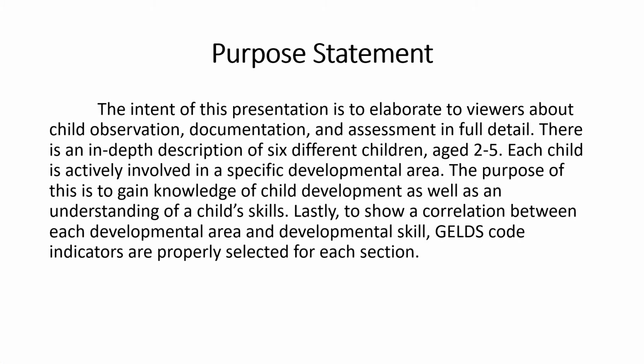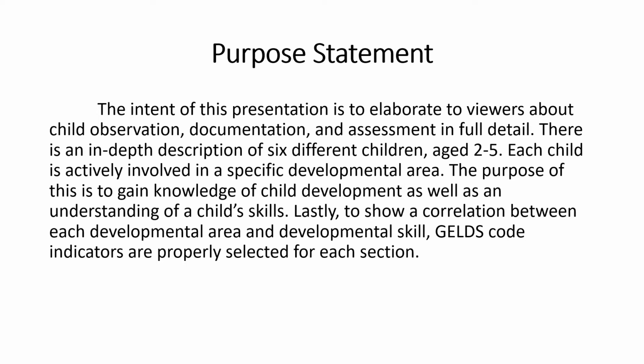The intent of this presentation is to elaborate to my viewers about what exactly child observation, documentation, and assessment actually is. There is an in-depth description of 6 different children aged 2 to 5 years old. In these descriptions, you will see each child is actively involved in a specific developmental area.